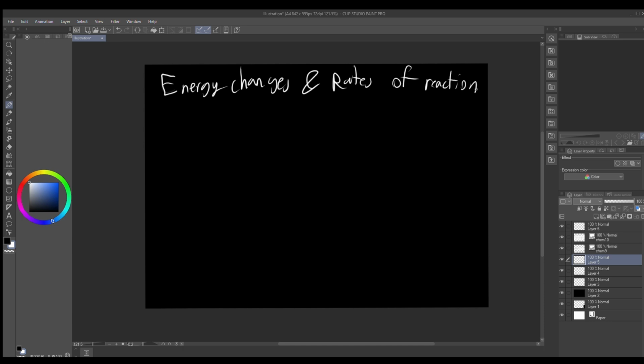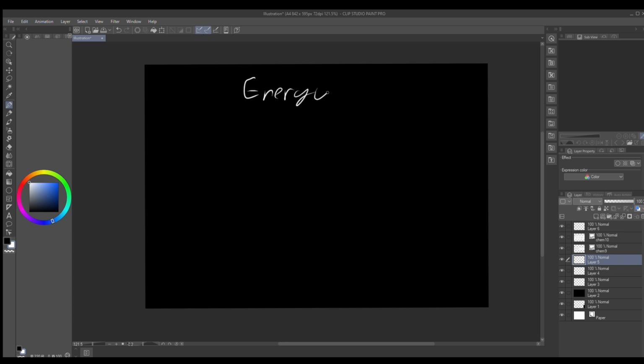Today we will be going over Unit 3 of Grade 12 Chemistry, which is energy changes and rates of reaction. I'll be starting this with a brief talk about energy. There are two main types of energy. We have kinetic energy, which is basically the energy of motion, moving objects.